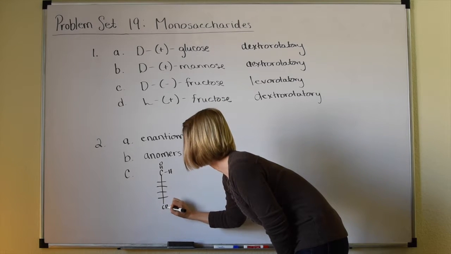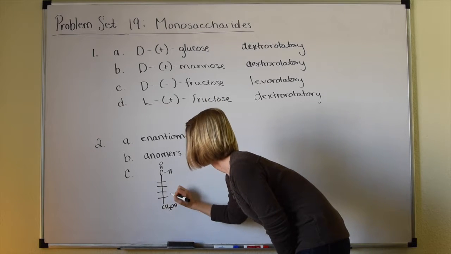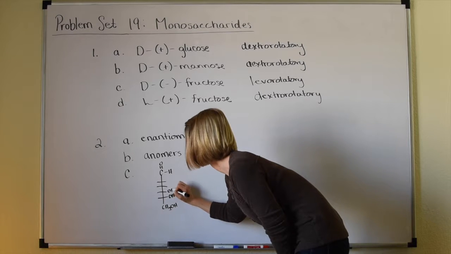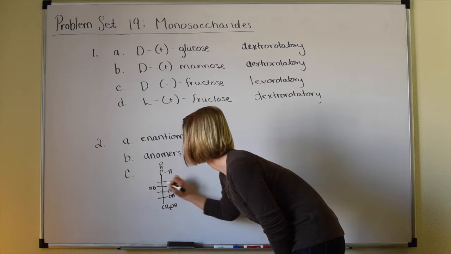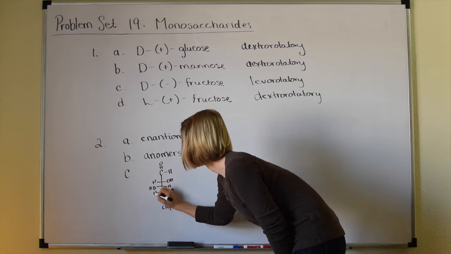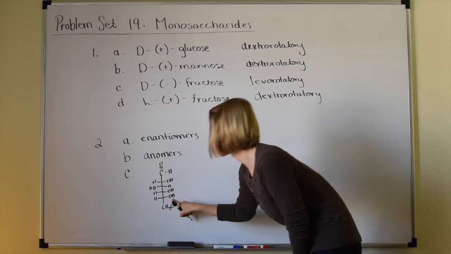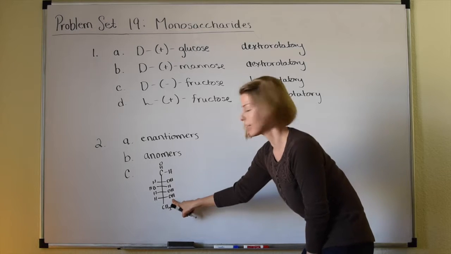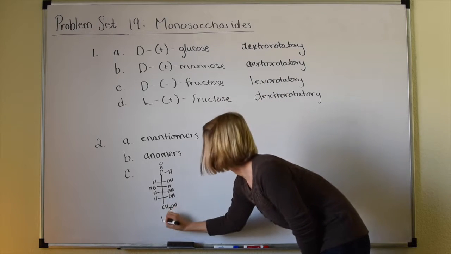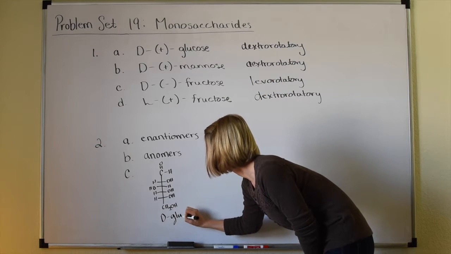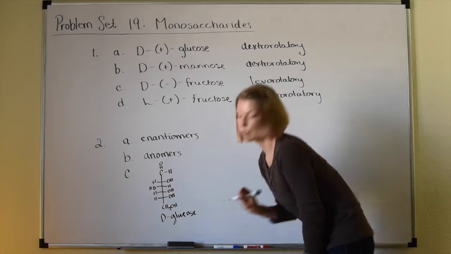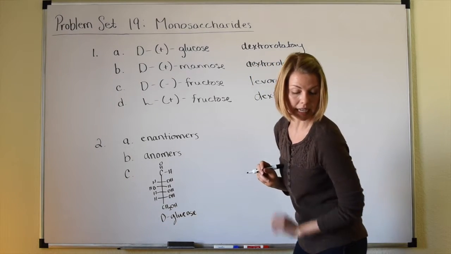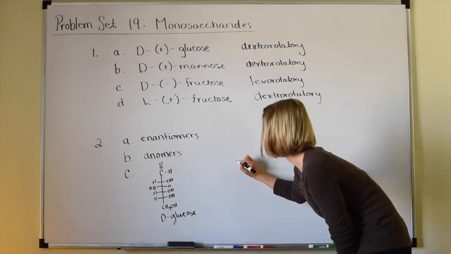So glucose, D-glucose, D because this is to the right, okay? And let me label that D-glucose. And then what is the other one? D-galactose. Okay, so let's draw that over here.